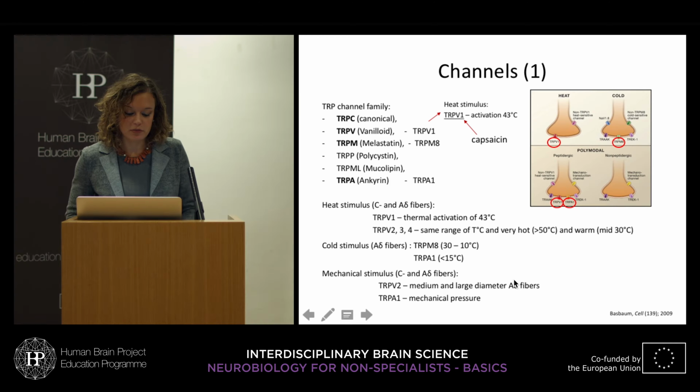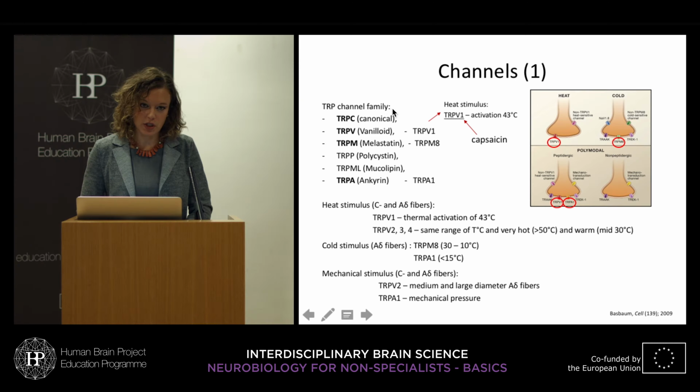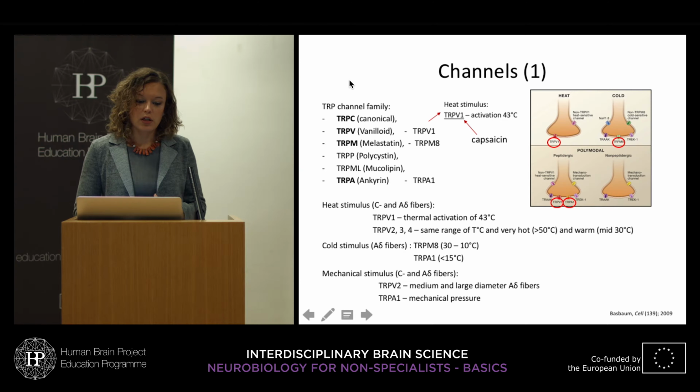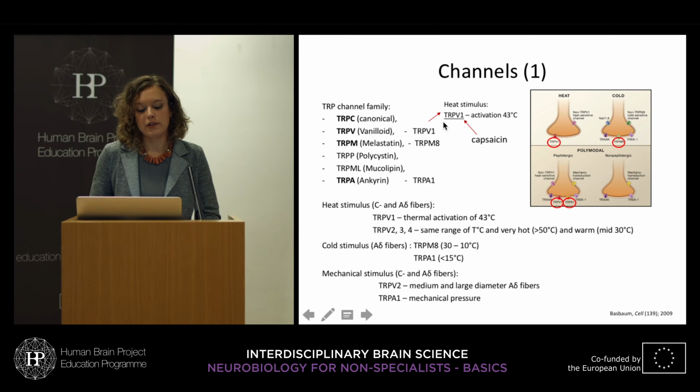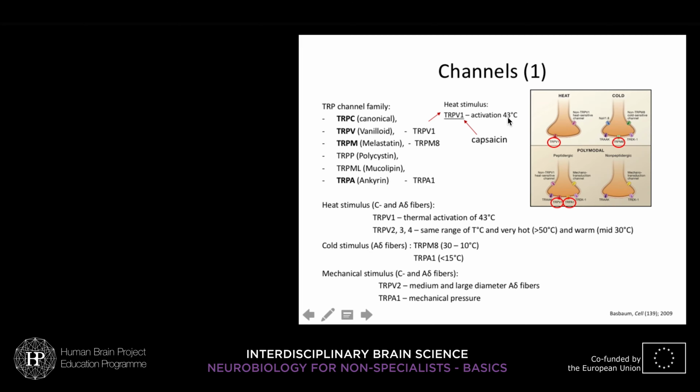Another type of molecules, a partner that is involved in pain sensation, is the TRP channel family. As I told you before, this transient receptor potential channel family is important in pain sensation because it can be activated upon different stimuli, for example, heat stimuli. This is the case of TRPV1, one of the members, that is activated at 43 degrees.